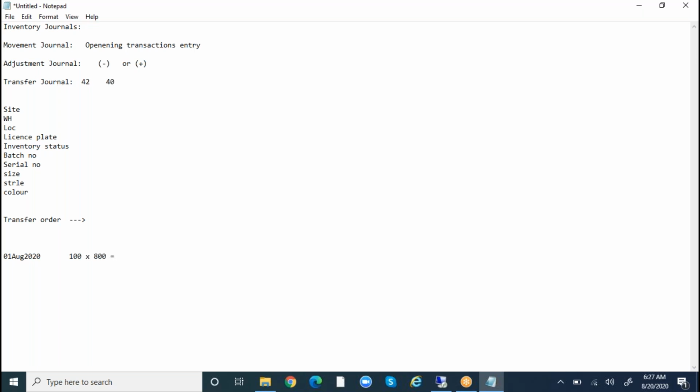It is some 80,000. Now if you look at any implementation, definitely they will not freeze in one shot. Initially they will say 1st August, it is 100 quantity with 800. Later on they will come back, no, sorry, this is 95. Change it to 95.